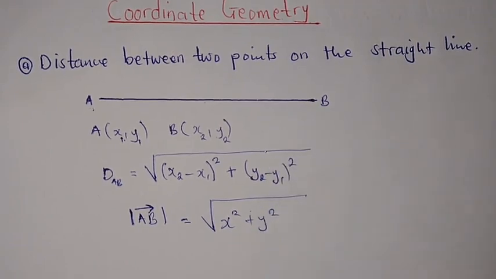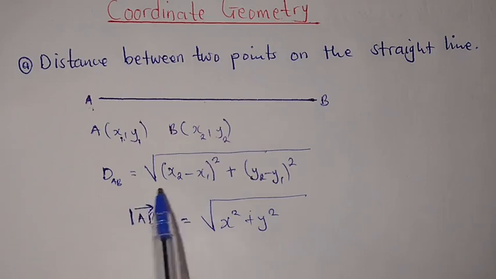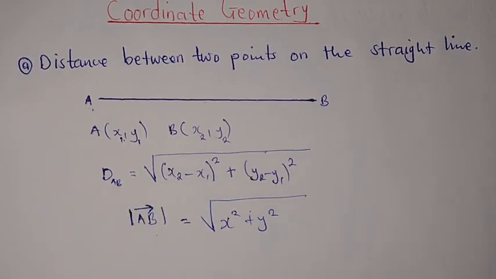So either this or this can give you the same answer. I'll explain once we come to this one. But in this first case, we are just going to deal with the distance of AB so that you see how we can calculate it.